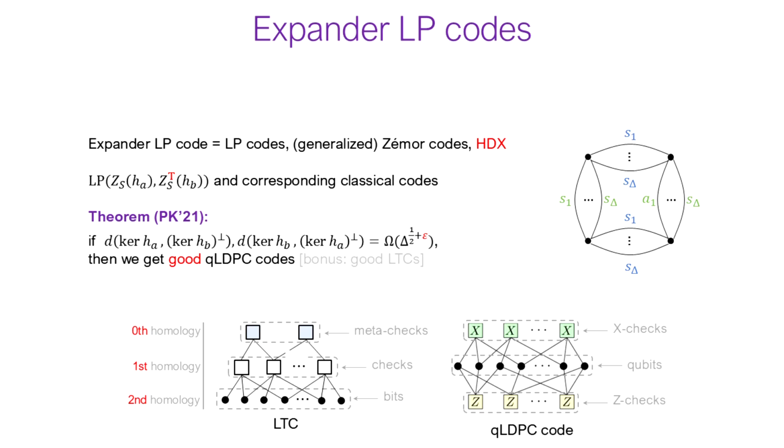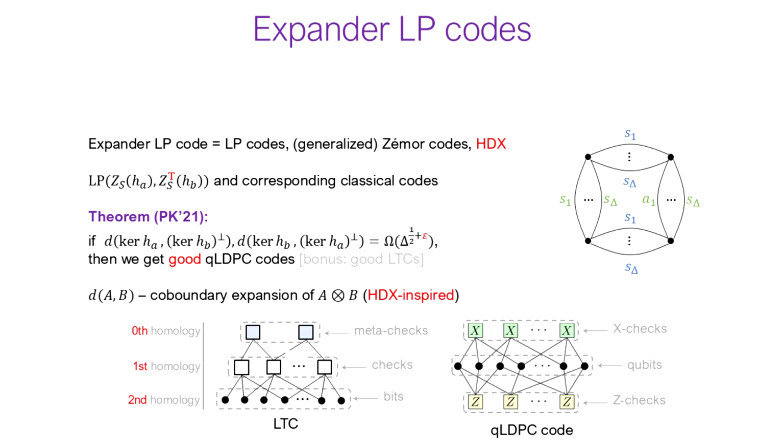This is a function that takes two codes. And if this two-dimensional distance for a pair of codes and their duals grows at least as the square root of n, then you can get a good qLDPC code. As a bonus, by interpreting this qLDPC code as an LTC, and I'll describe later what LTC means, you can also get good LTC codes with good soundness.